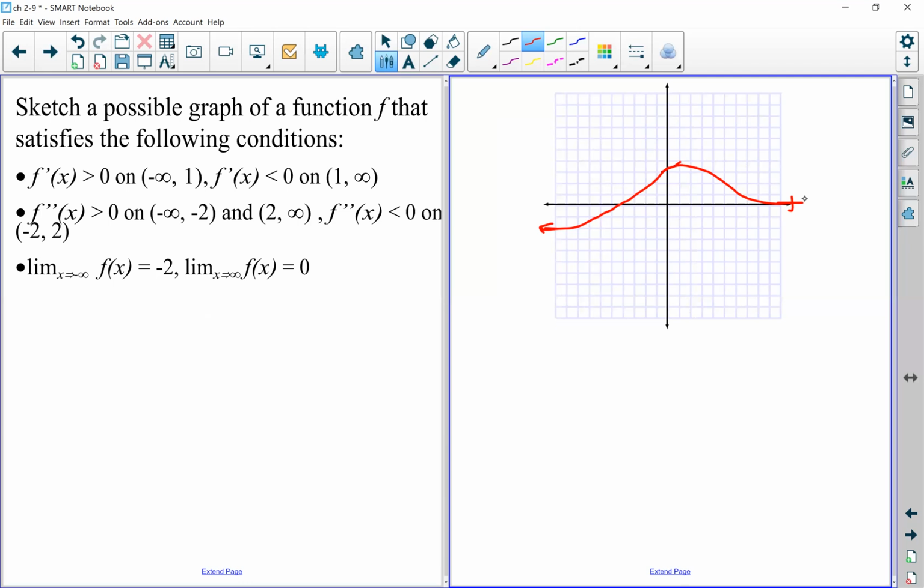And then from -2 to +2. So the only way that I could fix that, and again, is maybe like that.